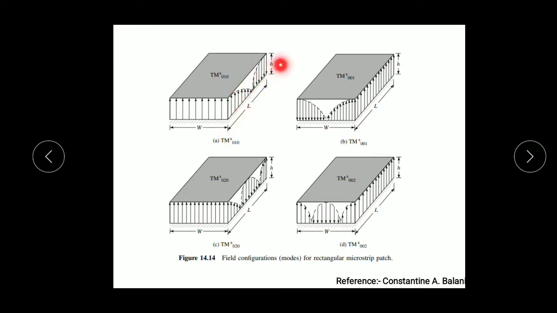The total length is approximately lambda by 2. So this represents one wavelength lambda in the L direction. This portion is lambda by 4, this portion is lambda by 4, total lambda by 2.